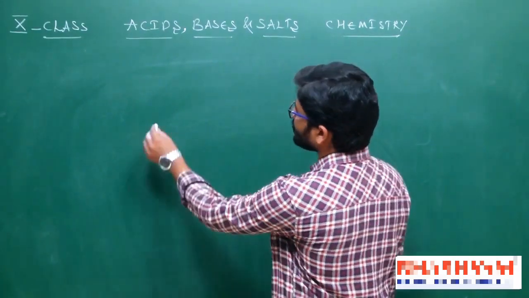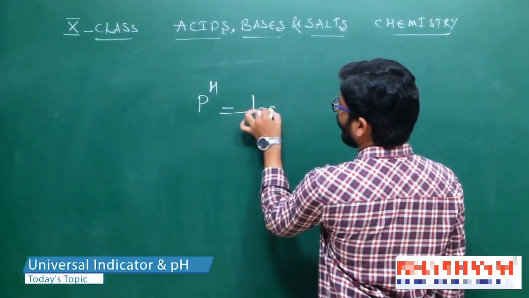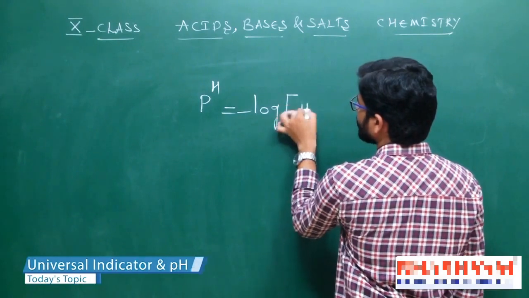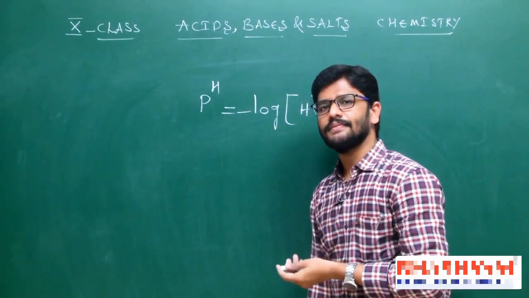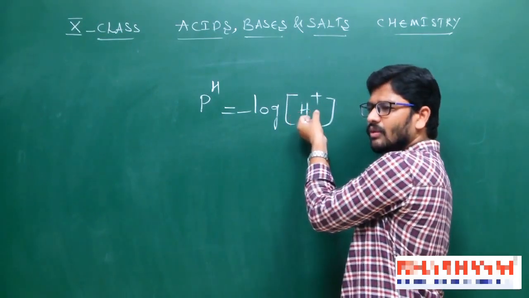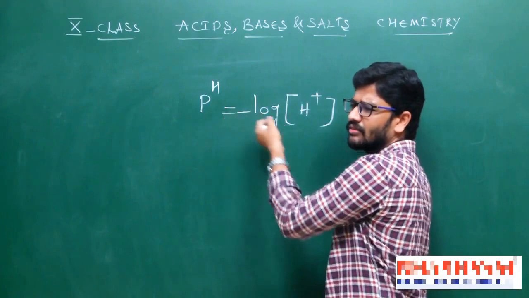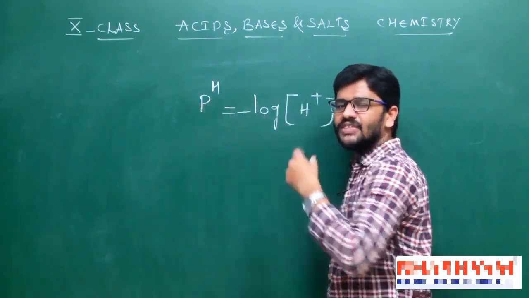Now look at the board. We know that pH is equal to the negative logarithm of the concentration of H plus ions. If the concentration of H plus is low, pH is more. If the concentration of H plus ions is more, pH will be less.